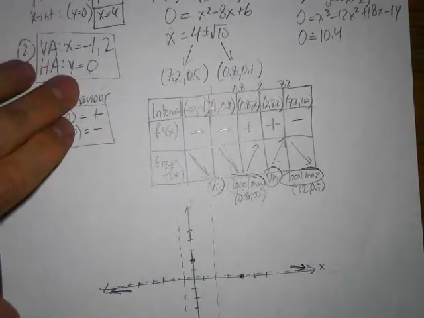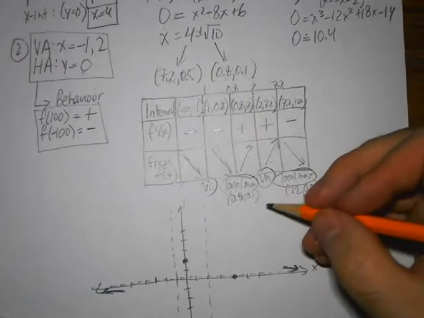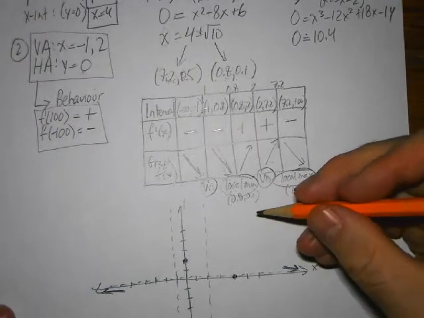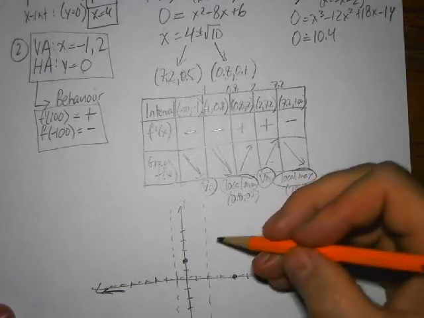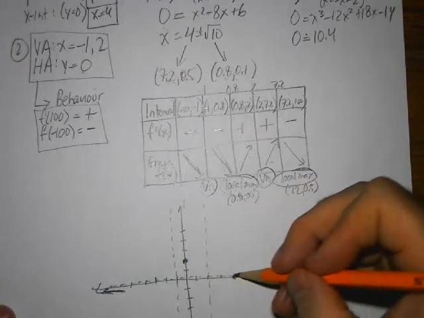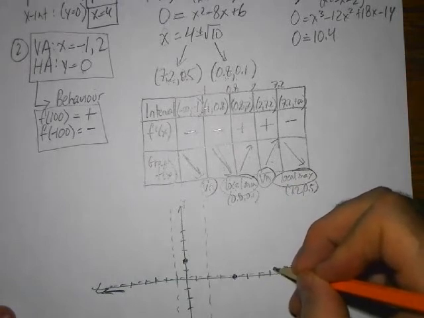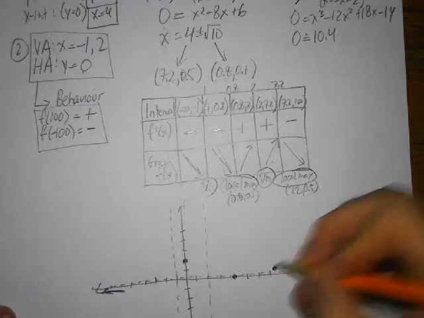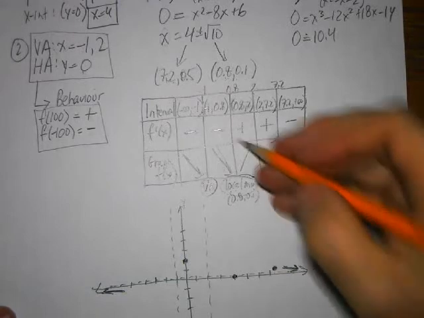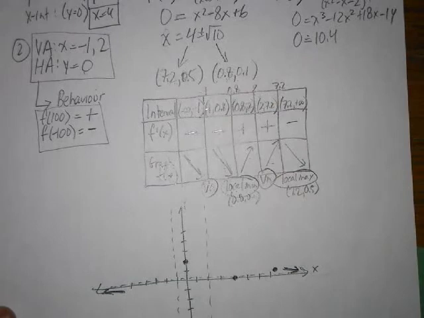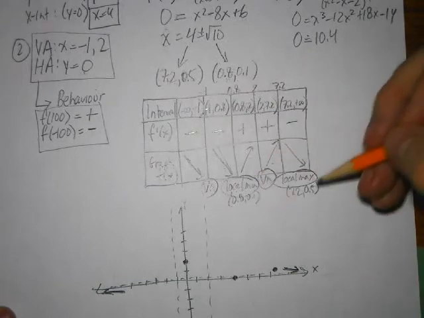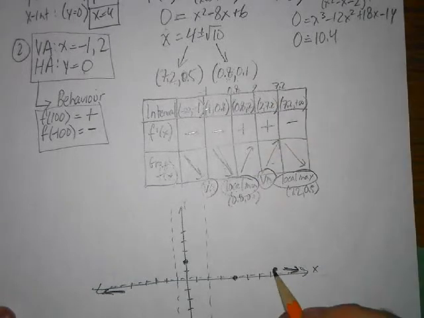Critical points, I've got 7.2. 1, 2, 3, 4, 5, 6, 7. 7.2, so about right there. And then, yeah, we decided the 7.2 is a local max, which seems pretty low for a max, but it is.